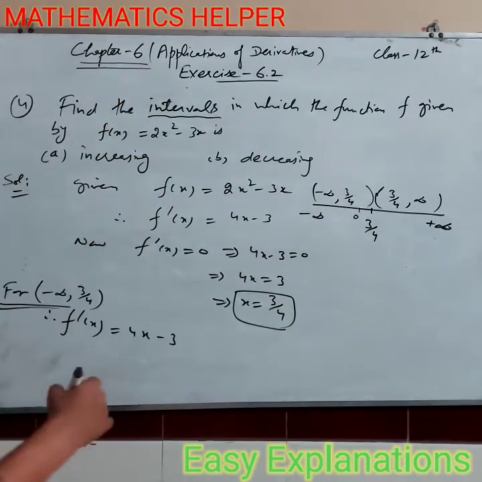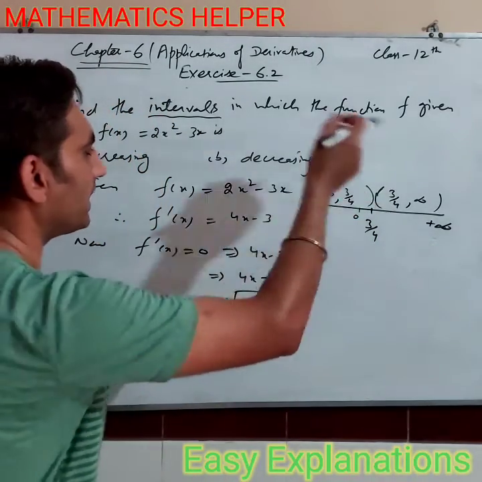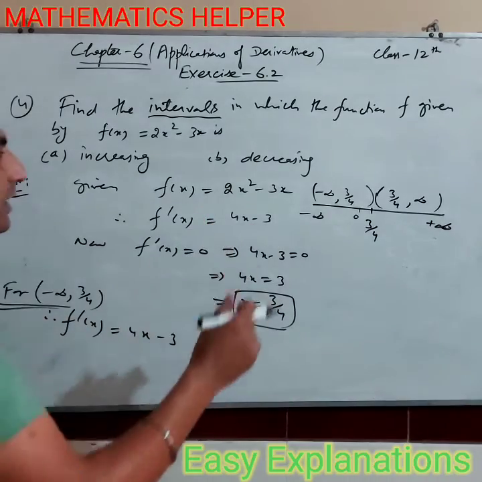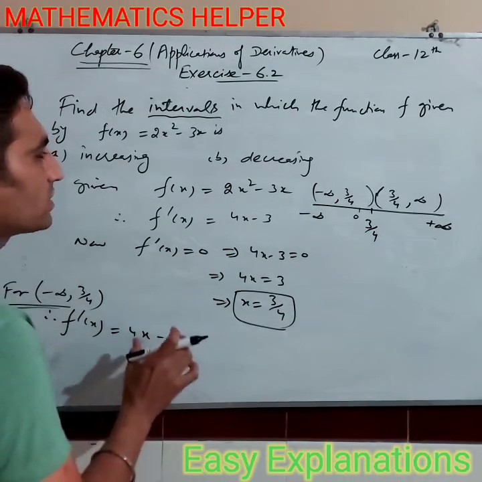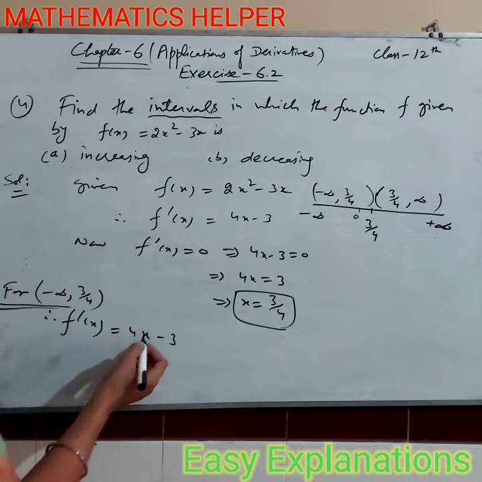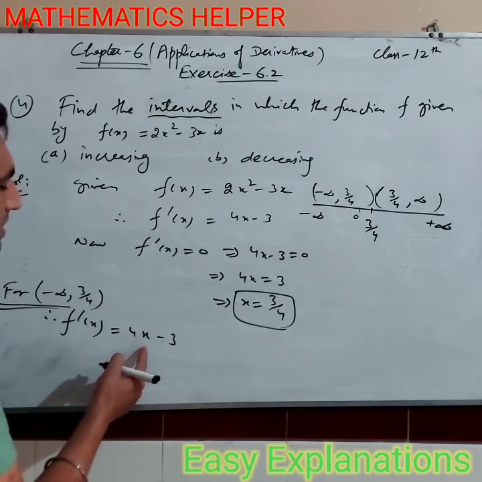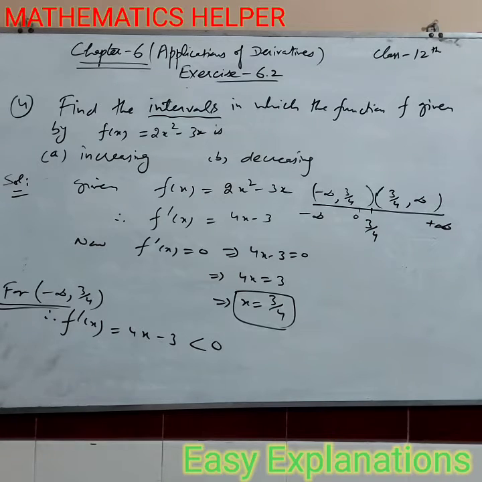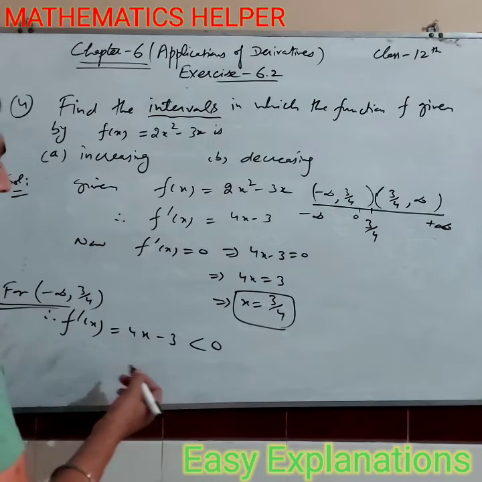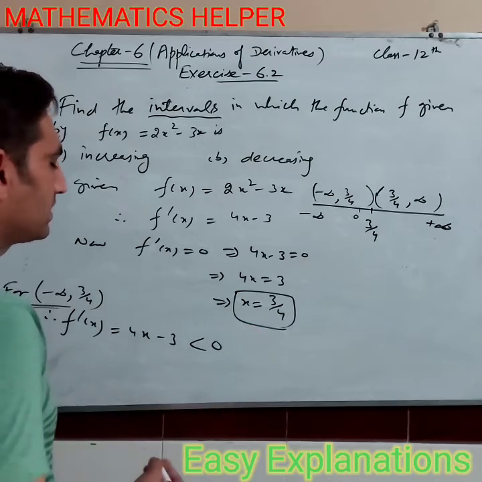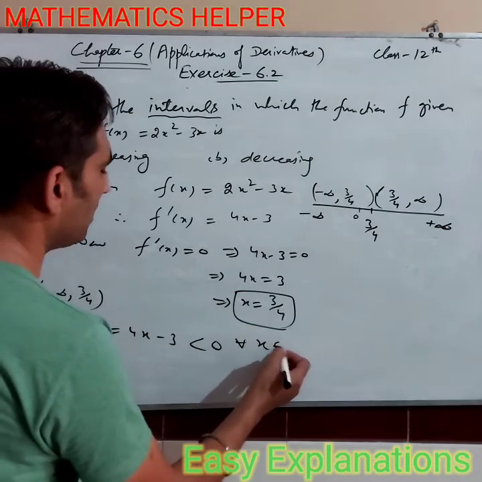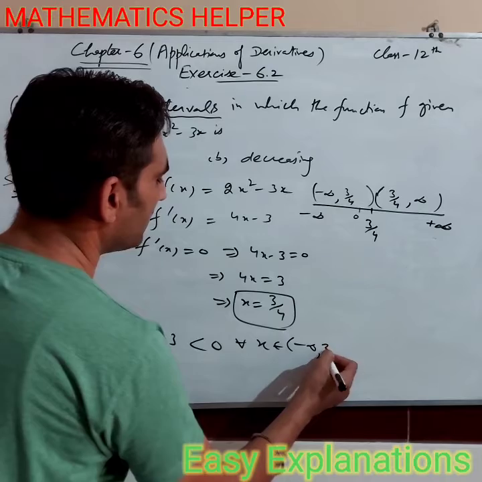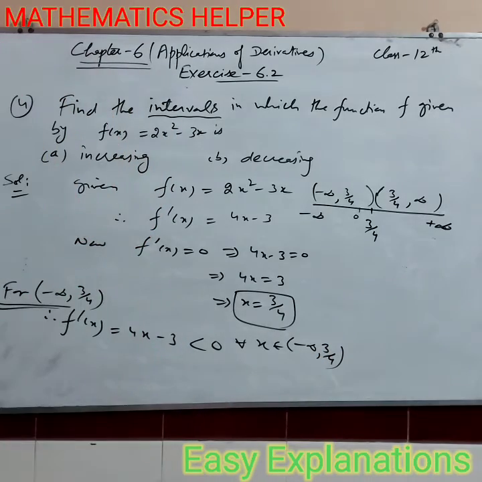Try to check it for 0. Choose any suitable point and solve it roughly and check what kind of answer it will show. See, if I use 0 here, 4 into 0 minus 3 will give a negative answer. Very easy to check. So we can say the derivative's answer will remain less than 0 for all x belongs to this open interval minus infinity to 3 over 4.